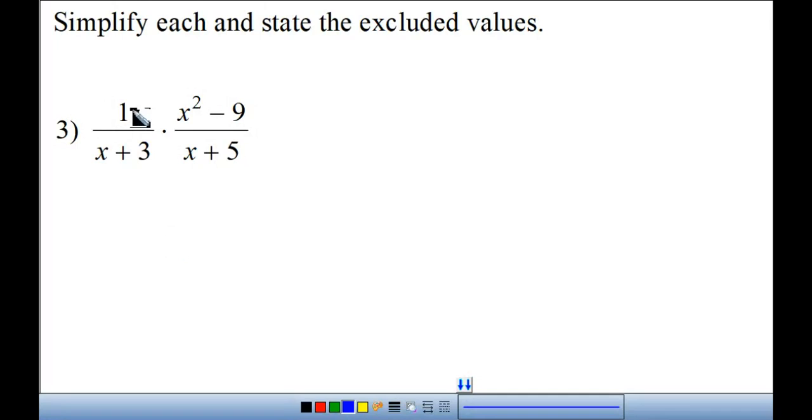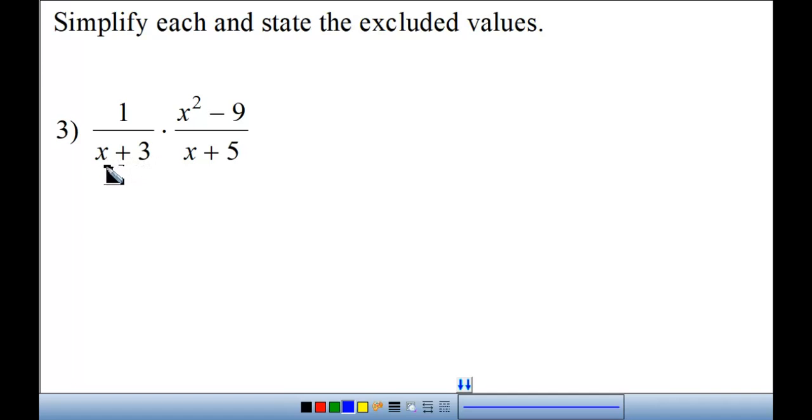This first numerator is a monomial. I can't factor monomials, so I'm going to leave this just like it is. This denominator, x plus 3. When I have binomials, there are 3 questions I want to ask. Do these 2 terms have something in common? No. Second question, is this the difference of 2 perfect squares? Nope.